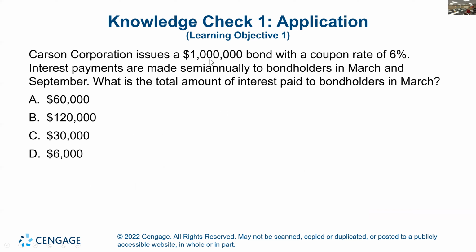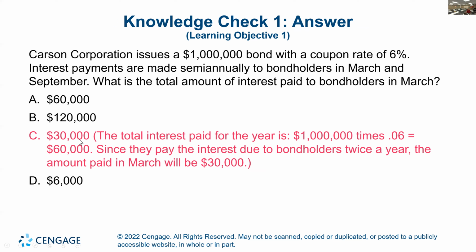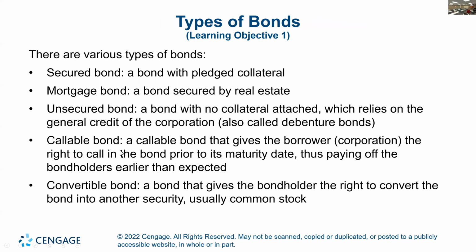So here we have semi-annual payments. 1 million times 6% would be 60,000 per year because that is an annual percentage rate, divided by 2 because it's semi-annually. $30,000 is the total interest paid in March on those.